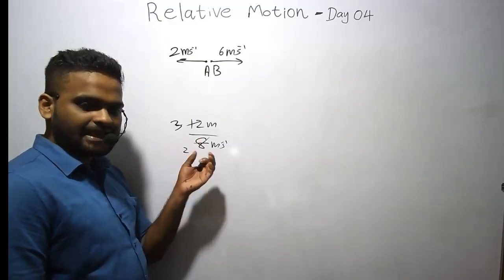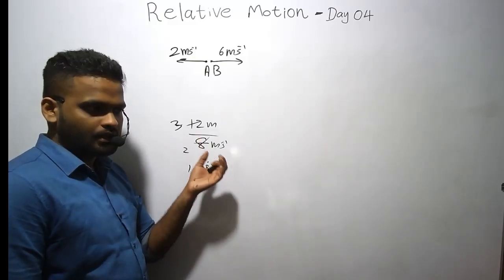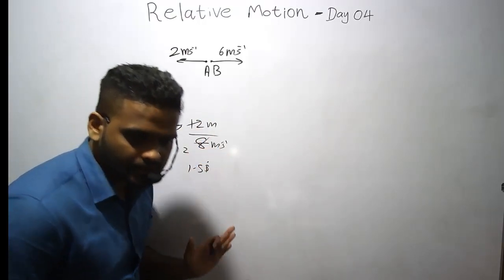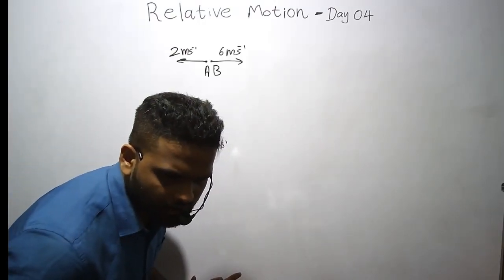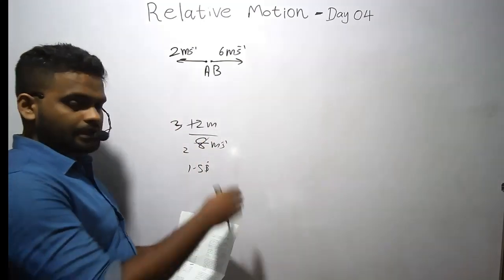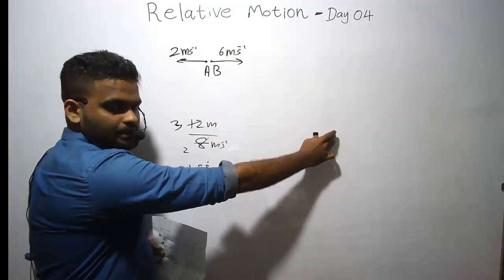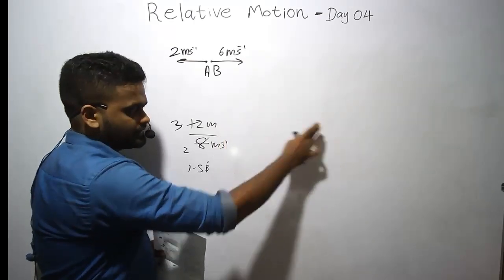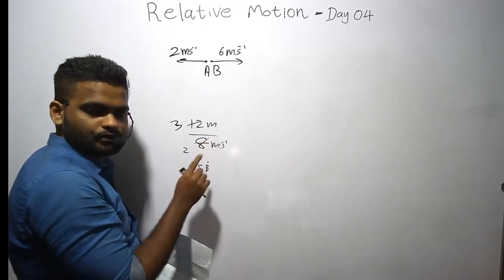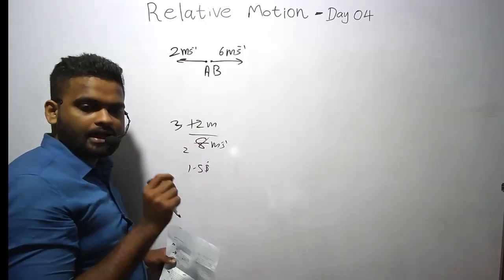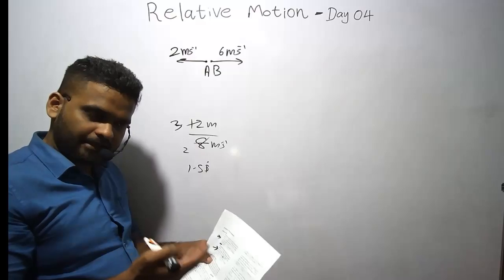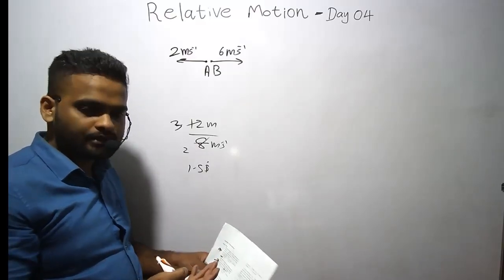So in an MCQ, 12 meters is the gap between them, and you just have to divide that by the relative velocity between those two. Then you can find the time. I'll make you understand why we do that.